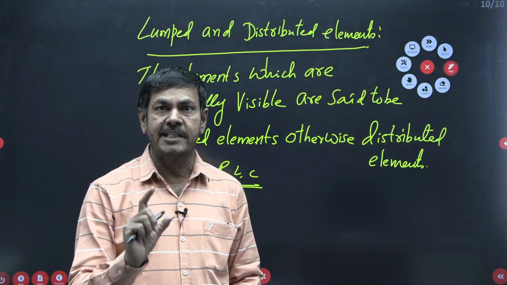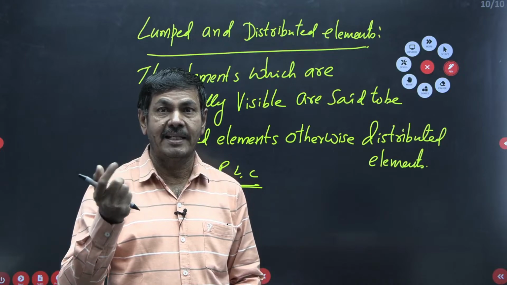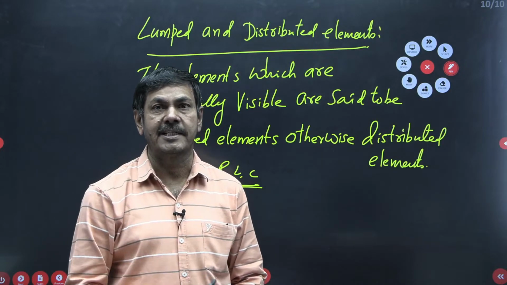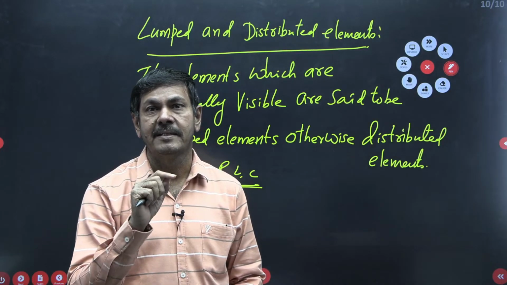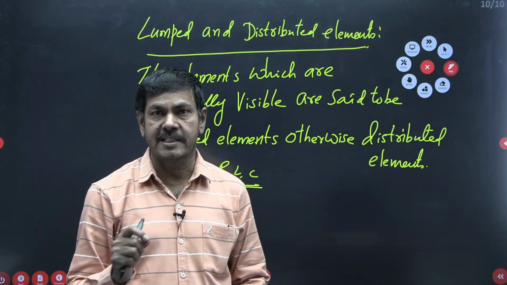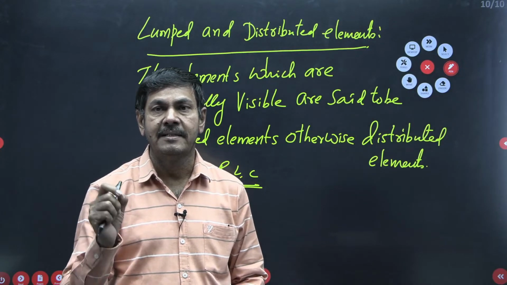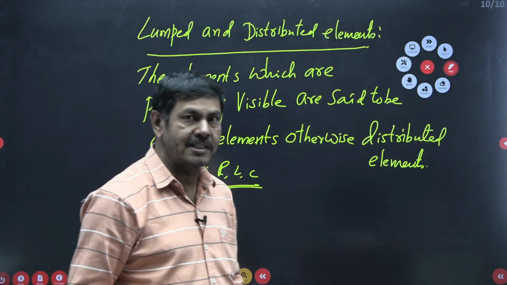They are internally mixed elements. Those are distributed elements. So an example of a distributed element is the transmission line. Understand my point.